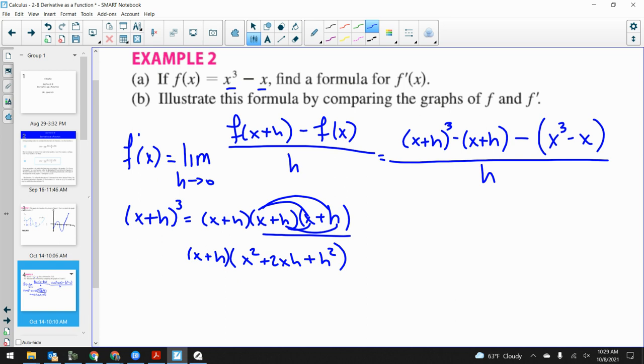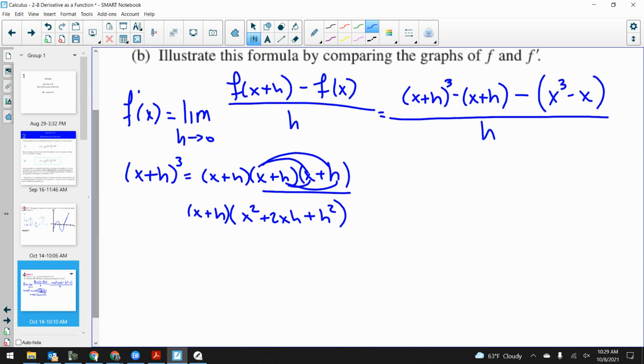So now I'm going to multiply in the x and then the h. So we've got x to the third plus 2x squared h plus xh squared, and then multiply in the h: plus x squared h plus 2xh squared plus h to the third.